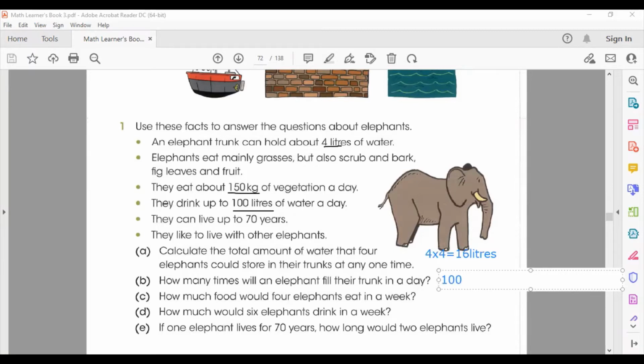So how many times can it hold? Let us divide by 4. 100 divided by 4 equals 25. So you can say here 25 times.